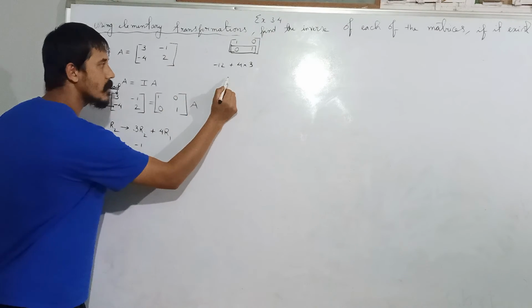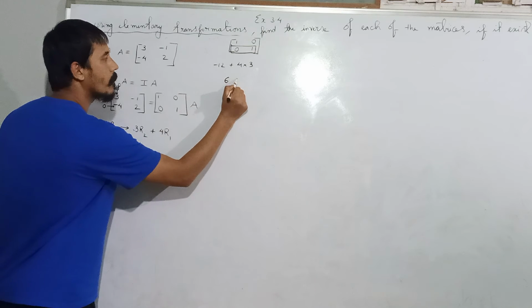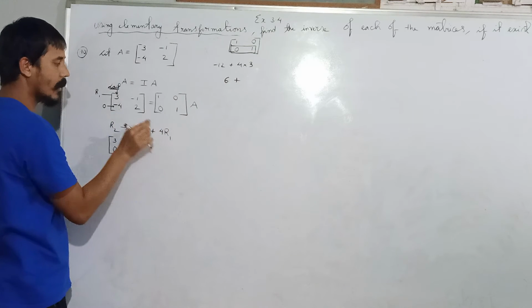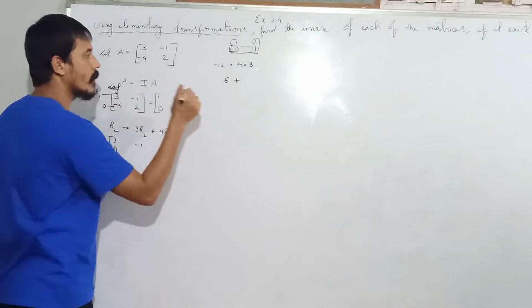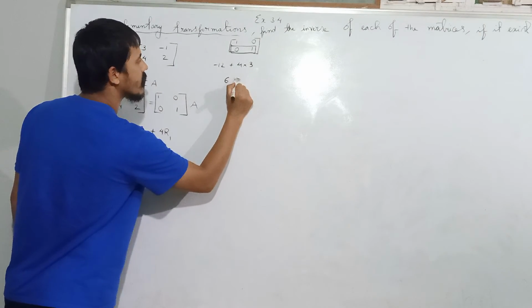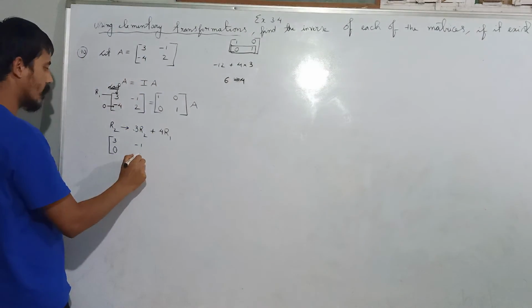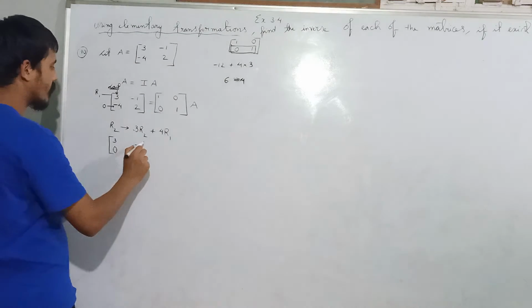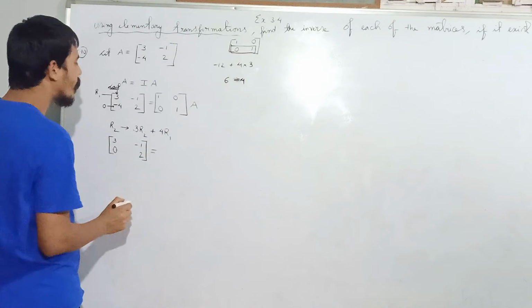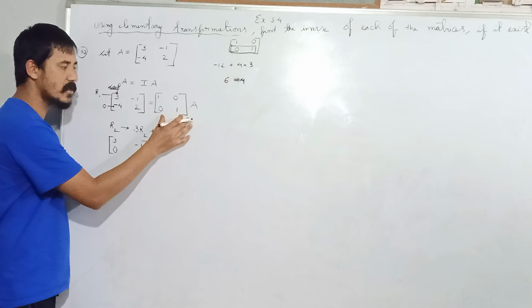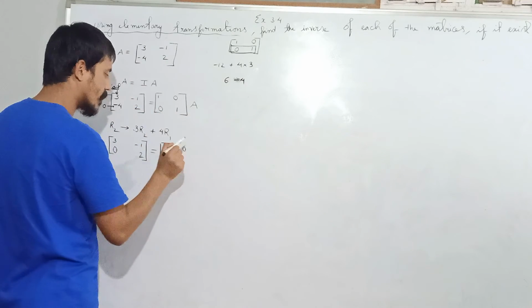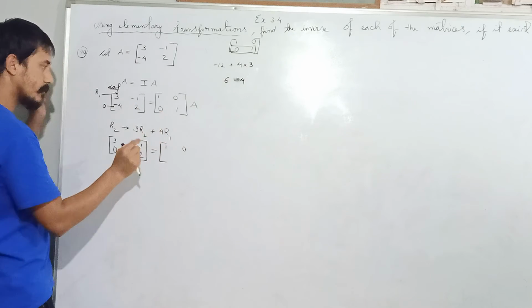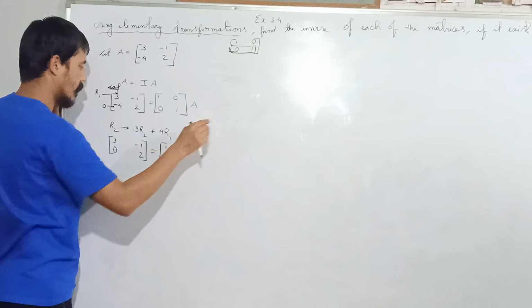Now 3 times 2 is 6, plus 4 into the corresponding R1 element, -1, so 4 into -1 is -4, and 6 minus 4 is 2. Whatever operation you have performed here, the same operation has to be followed on the right.